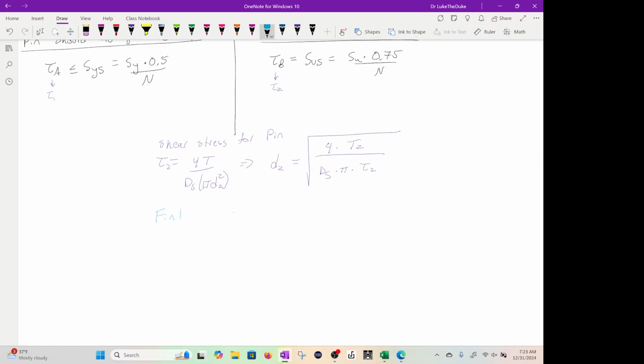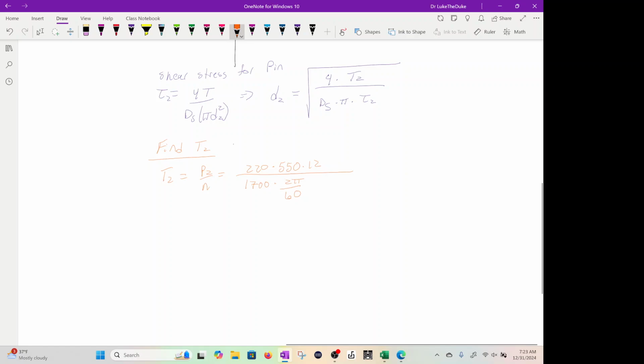Let's find the torque at 2. So T2 is just like we did before. It's going to be the power over 2 over the RPMs. And I'm just going to skip the units just to save some time. So 220 times 550 times 12 over 1700 times 2 pi over 60.